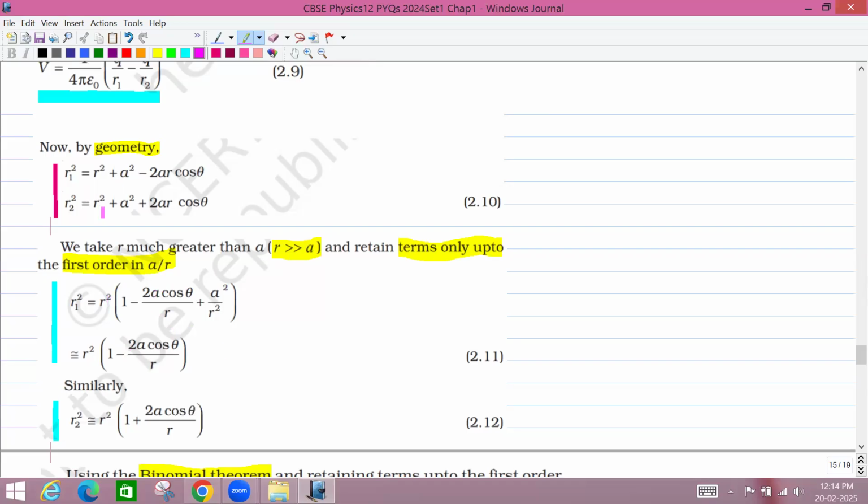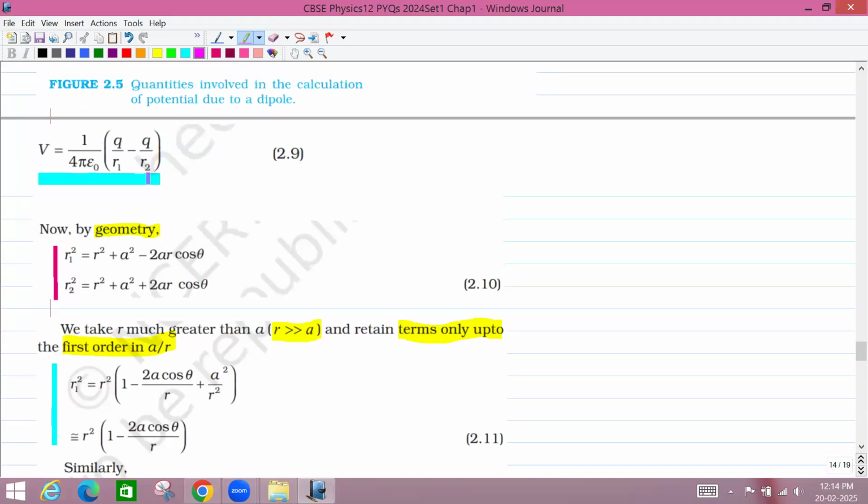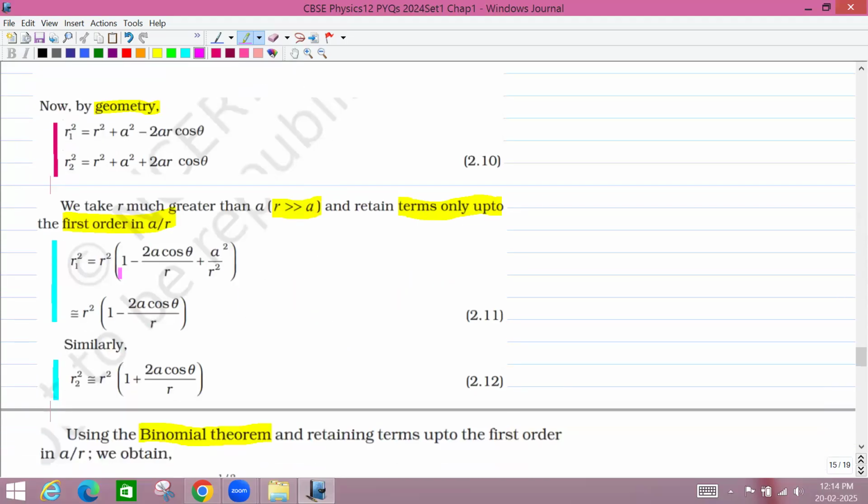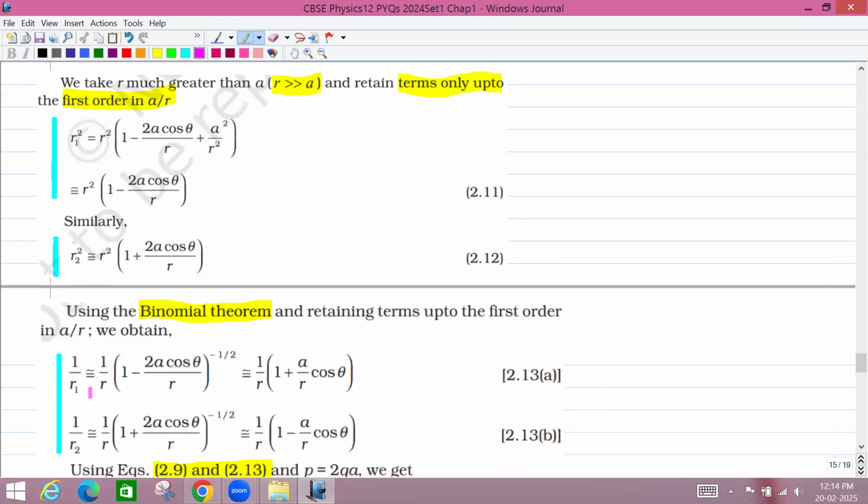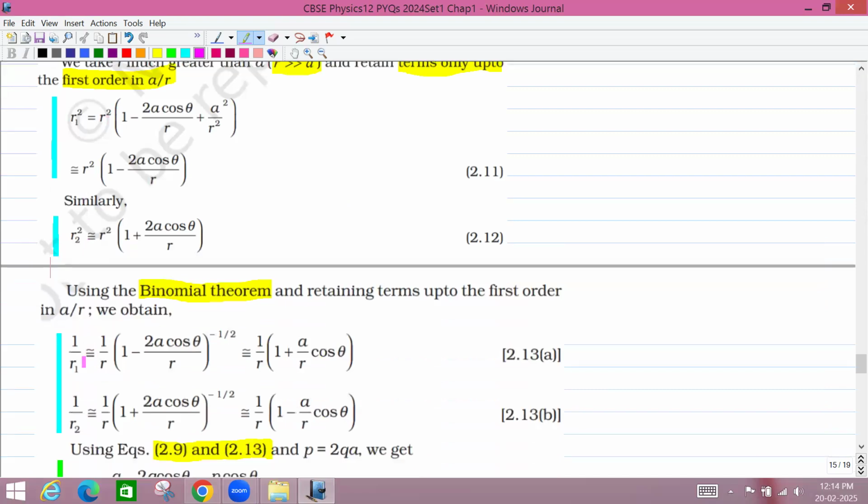Similarly, for r2 square, I have to take r square outside. Exactly the same thing, except instead of plus a we'll have minus a. So we'll get r2 square as r square into 1 plus 2a cos theta by r. In the formula, what we need is 1 by r1. So first I'll get 1 by r1 square, or I can get 1 by r1 as the square root of 1 by r1 square.